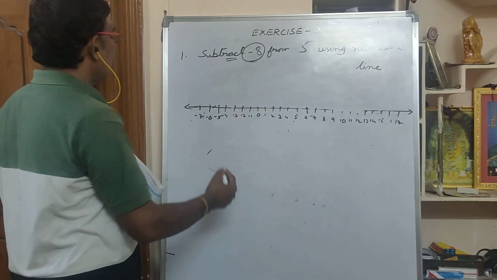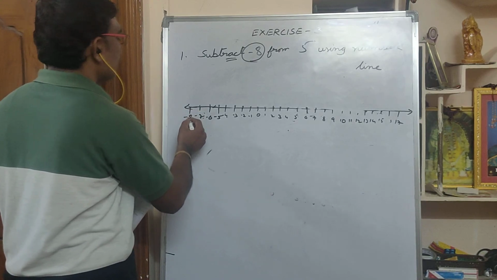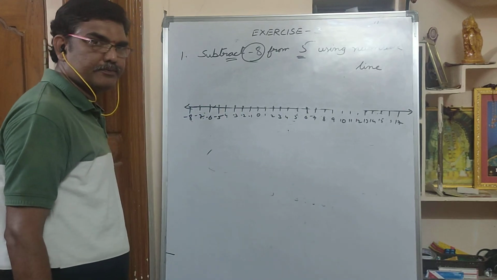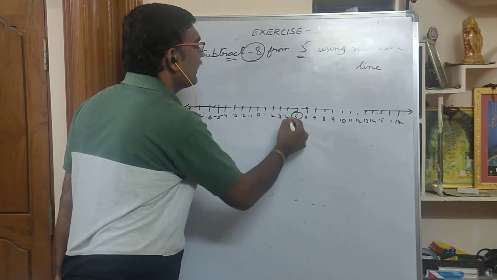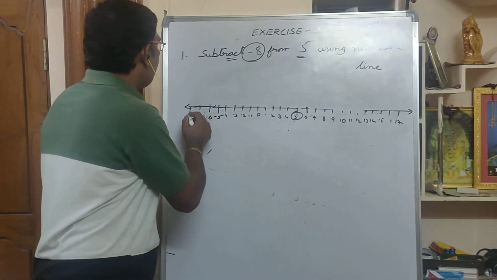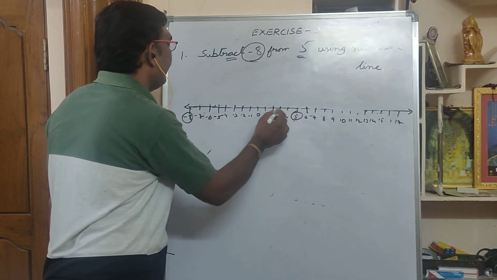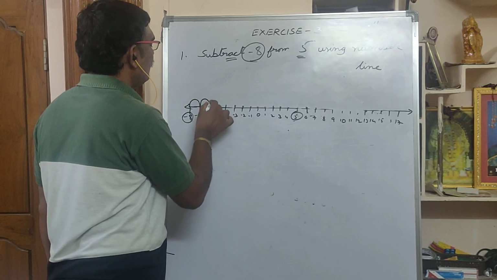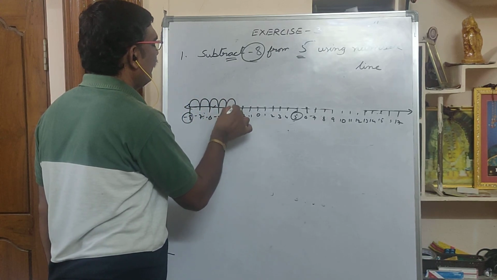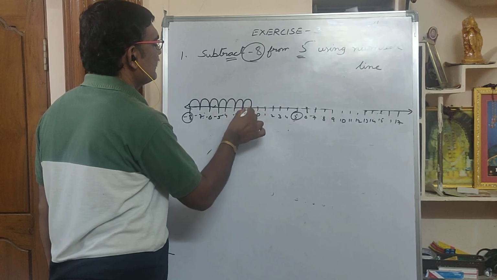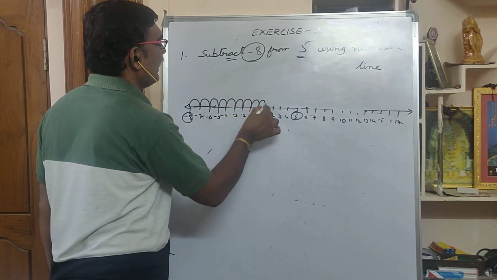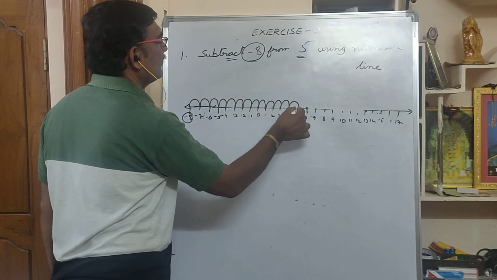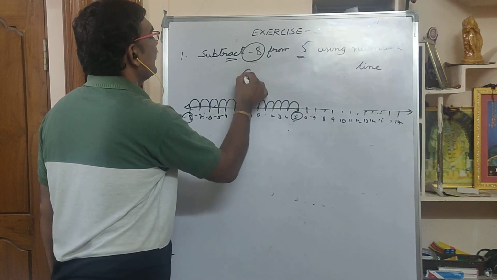Minus 8. So where is minus 8? Minus 8 is here. What you have to get? 5 you should get. Means up to 5 here. In between from minus 8 to 5, how many are there? It is 1, 2, 3, 4, 5, 6, 7, 8, 9, 10, 11, 12, 13. So the answer is 13.